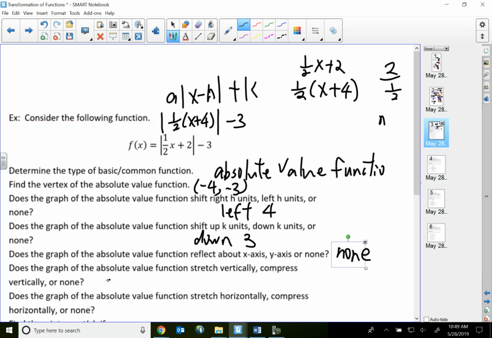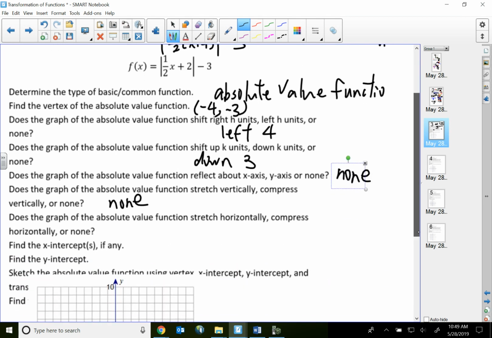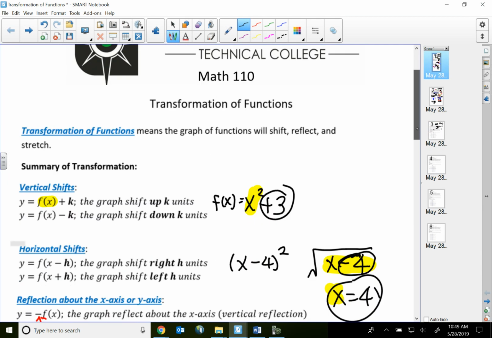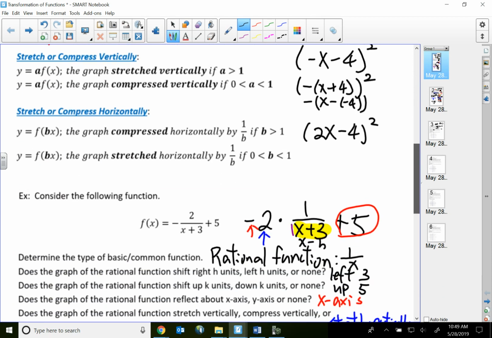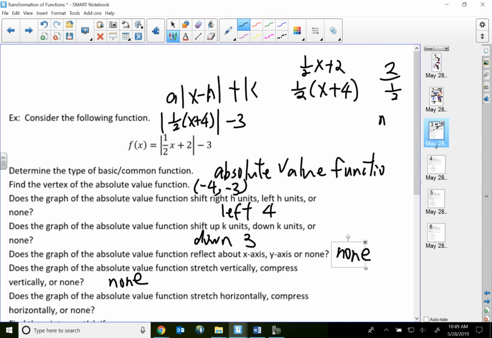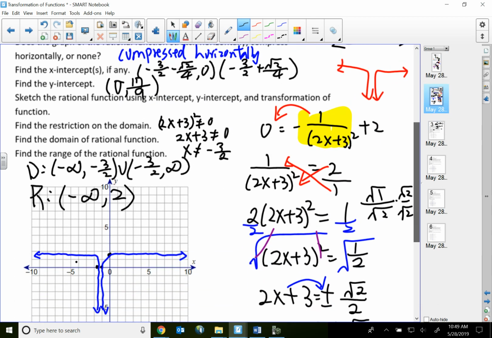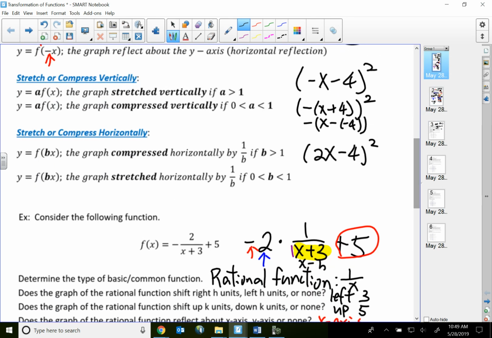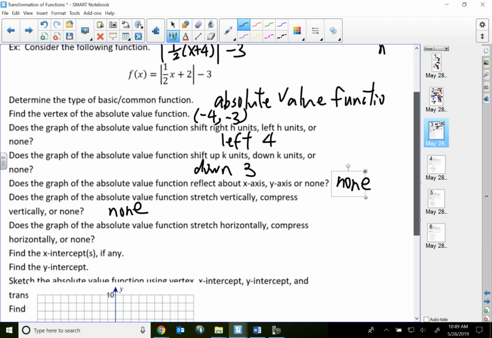So I don't have any vertical compress or vertical stretch. Horizontal stretch and compress refers to the b, the coefficient inside the absolute value in front of the x. In our example, it's a half. Half is between 0 and 1, so that will be stretched horizontally.